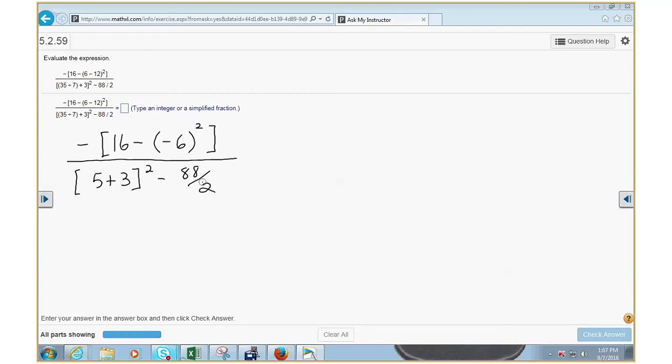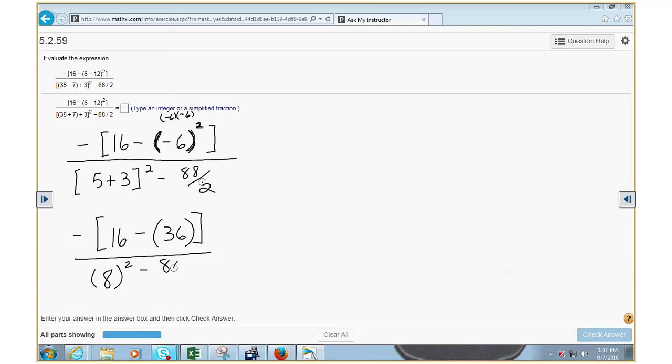And what is negative 6 quantity squared? That's negative 6 times what? Negative 6, which is positive 36. Five plus 3. What is 16 minus 36?